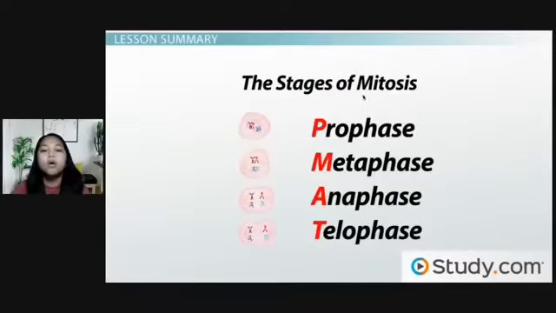Another thing would be, the products of your mitosis would be 2 daughter cells that are both diploid. That means they both have the equal set of chromosomes as what the parents had. So if this is a human, meron po tayong 46 chromosomes in our cells. And so if it is a cell that is produced through mitosis, there should be 46 chromosomes inside that cell. In meiosis, on the other hand, it can produce 4 daughter cells that are just haploid.